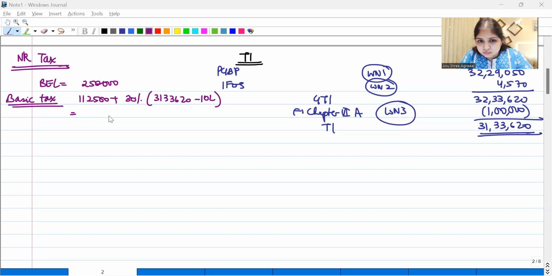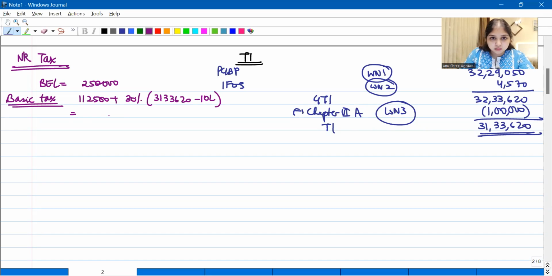Just a moment. 31,33,620 minus 10 lakh, into 30%, plus 1,12,500. This is going to be 7,52,586.